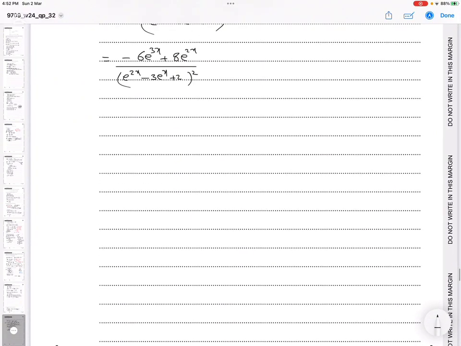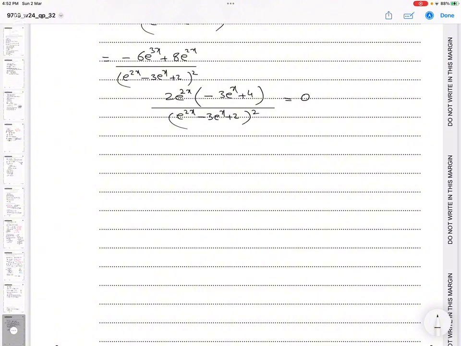And further, if I take 2e^(2x) as common, this is equal to 0.